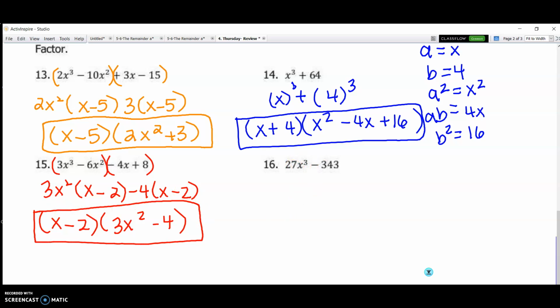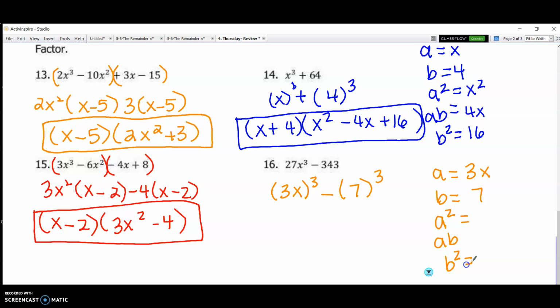And another difference of 2 squares, difference of 2 cubes now. 3x is being cubed minus 7 is being cubed. So now a is 3x, b is 7, a squared, ab, b squared. 3x times 3x is 9x squared, ab is 21x, and b squared is 49.